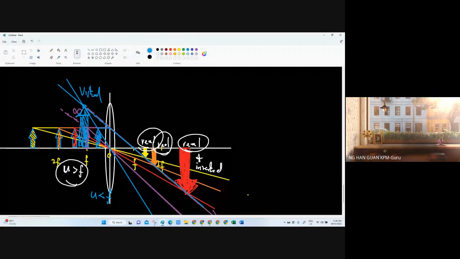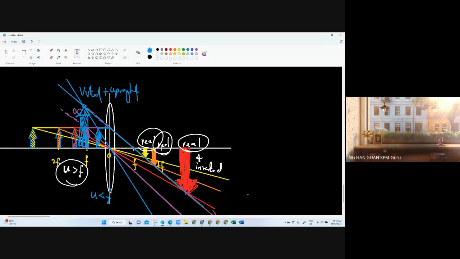Right? So the image is virtual and upright. Virtual, upright. Okay. So that is the pairing. Virtual always pairs with upright. Real always pairs with inverted.